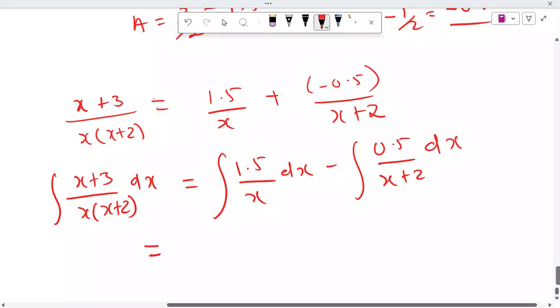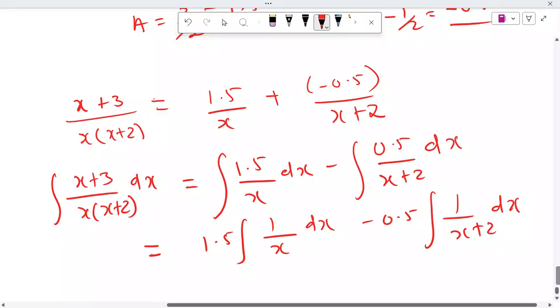So this is the same as, we take out the constants: 1.5 times the integral of 1 over x dx, minus 0.5 times the integral of 1 over (x + 2) dx.